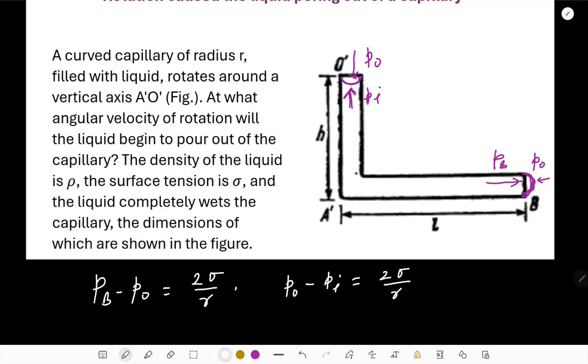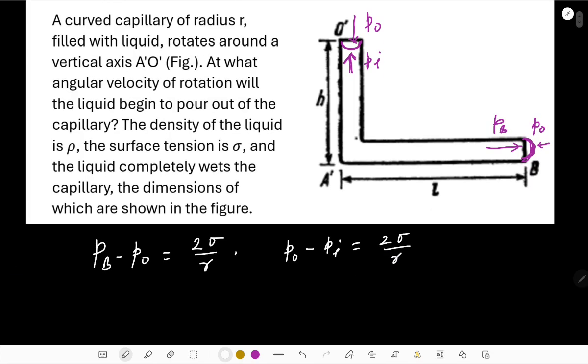In the vertical elbow, the shape is concave from outside, and here the shape is convex from outside at the lowest position, that is at point B. I would like to take one more point here, that is A dash. Basically I would like to write the pressure here as PA dash, just considering the capillary to be extra thin.